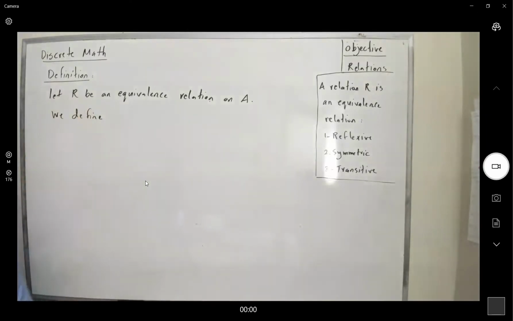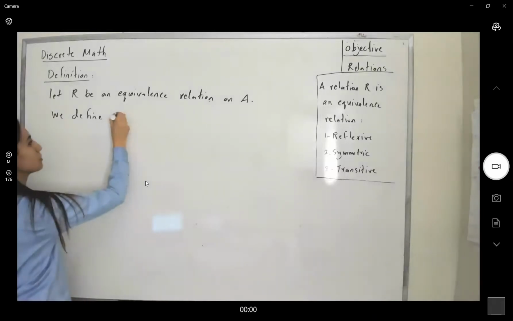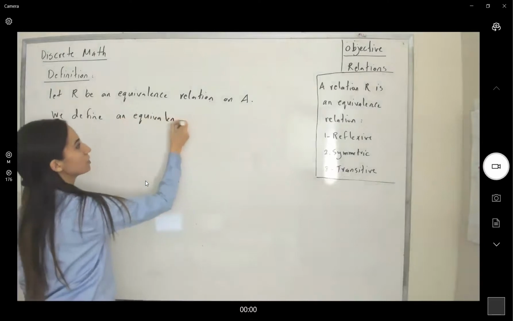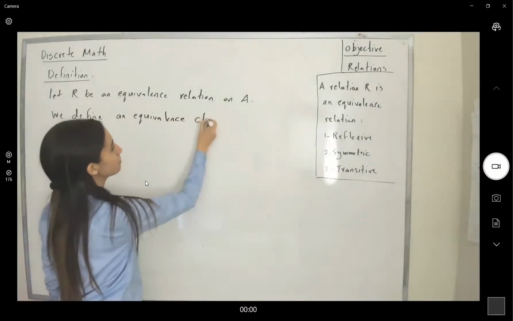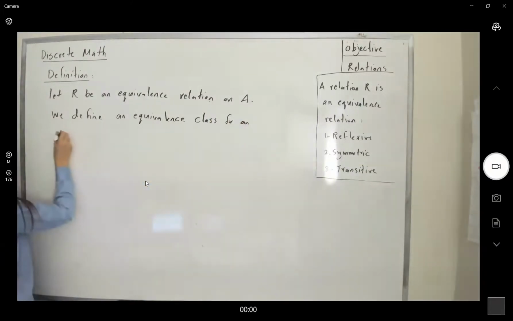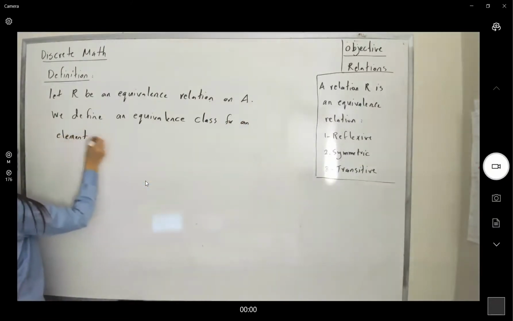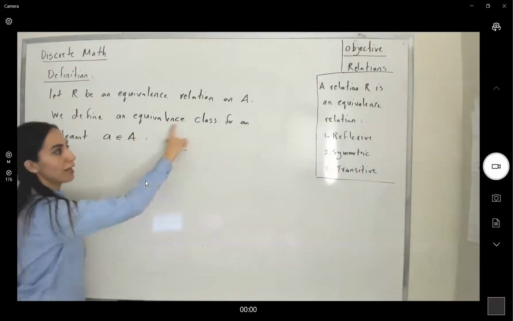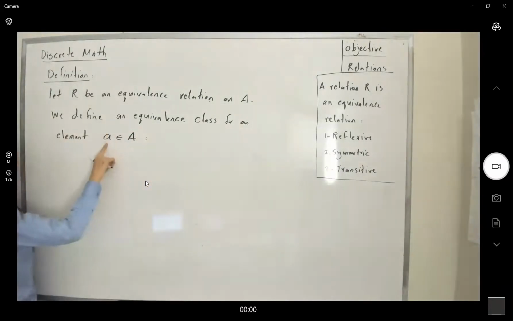So here we define an equivalence class for an element. We have an element like a in A, and we define the equivalence class for that element.